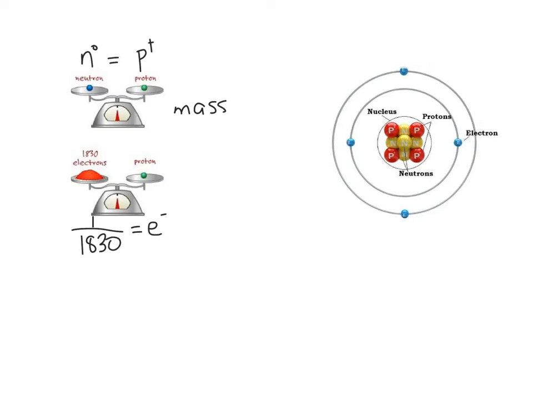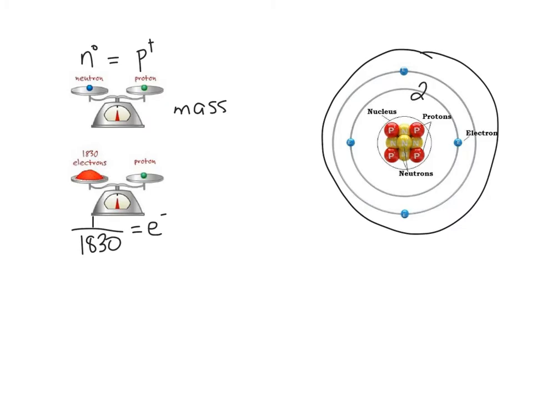And then this diagram to the right shows you, here's the nucleus here in the middle, and it contains our neutrons and our protons. And then we have these energy levels, these rings around the outside. And you might remember this from grade 10. The first ring can only hold 2 electrons.